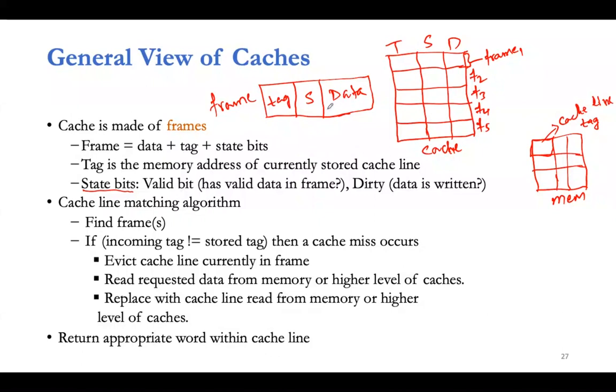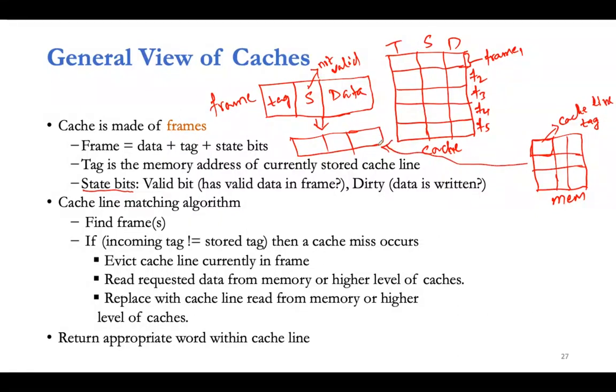If the state bit is invalid, then the entire frame will be erased, and the requested data will be fetched from main memory.